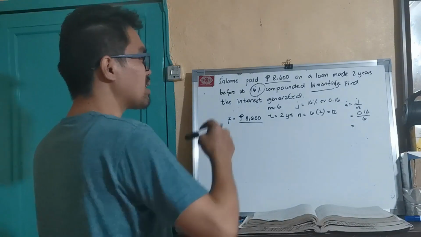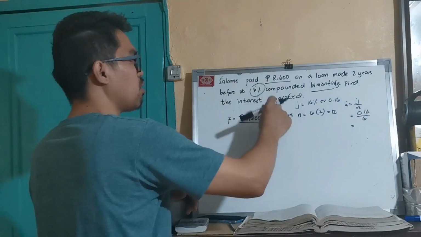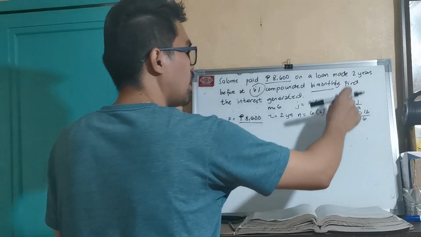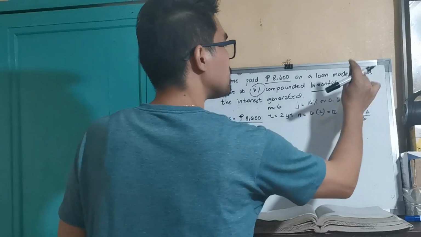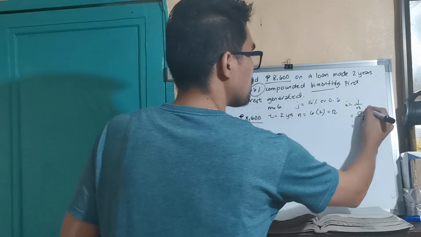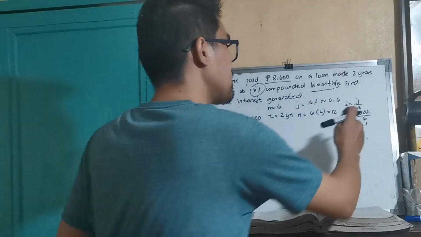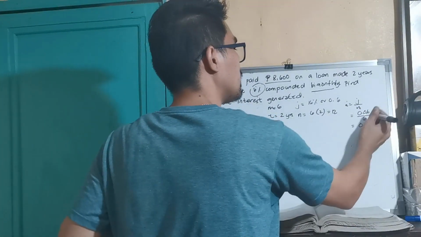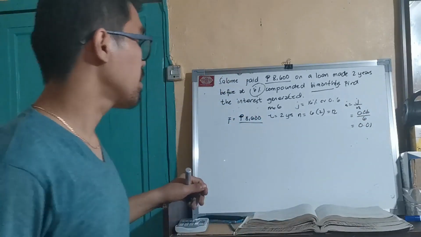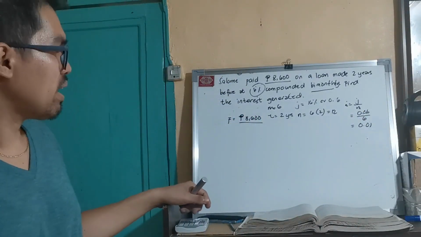I'll just change this to 6%. It was just 6%, I miscopied it. So that is 0.06 divided by 6, which is 0.01. Okay? So we have now our given.